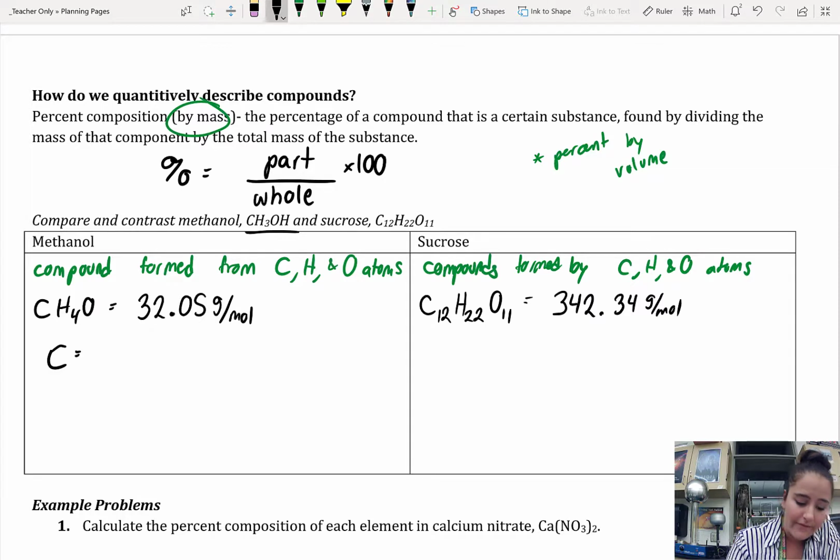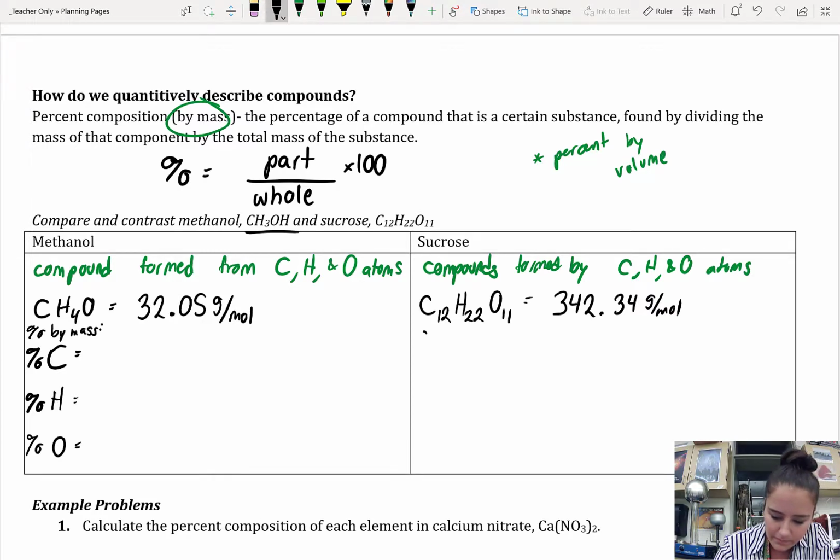So carbon, we have 1 carbon. We're going to find all of them, the percent by mass. And we'll see how similar these look when you look at it this way.